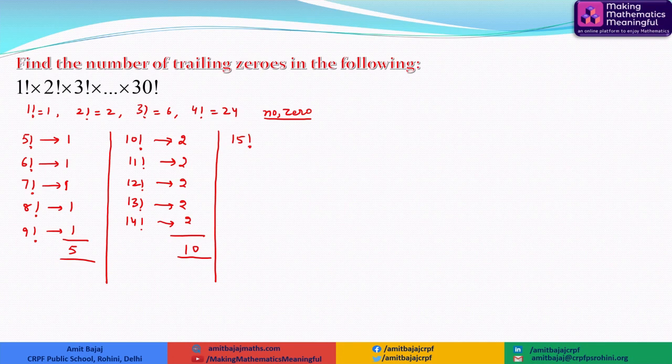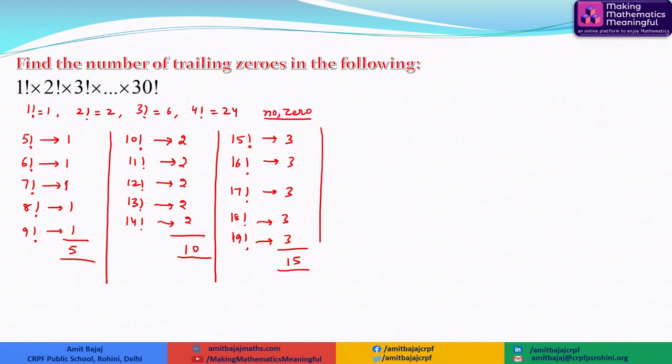From 15 factorial up to 19 factorial, one can easily observe there will be 3 zeros in each of the factorials, which totals 15 zeros. The idea can be easily extended. So from 20 factorial up to 24 factorial, each will give us 4 zeros.